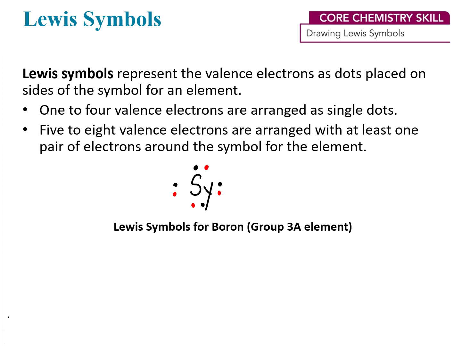An example would be boron. The symbol for boron is a B. It's a group 3A element. How many valence electrons does boron have? The group number tells you.